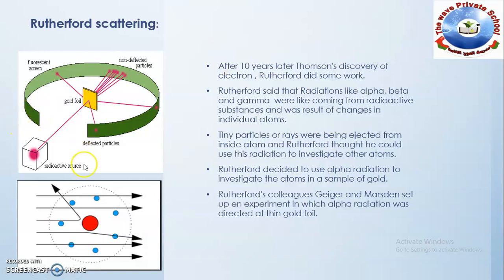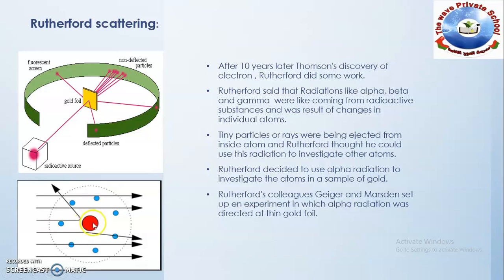After that he said that there are some particles, like alpha particles, that pass straight through the gold foil because they do not pass close to the atomic nucleus. As you can see here, most of the alpha particles pass straight through the gold foil because these particles are not near this nucleus.